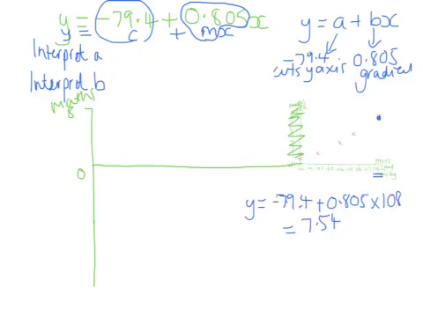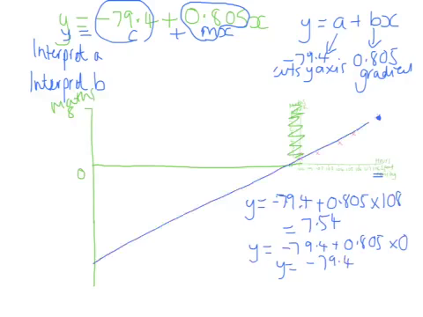Okay, so that's roughly where it is on my diagram. And then, of course, if we put in x is 0, we're going to get out y equals minus 79.4 plus 0.805 times 0, which gives us minus 79.4. Now, obviously, my line of best fit is roughly about there. So it's not really properly to scale, is it? But minus 79.4 could be there. So that's my line of best fit.